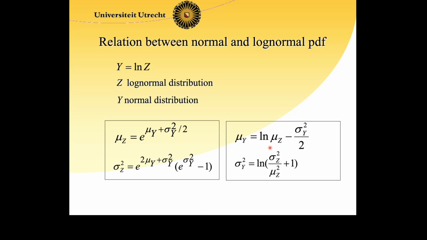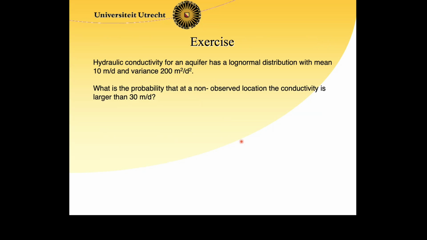So if you know the variance and the mean of the log normal, you can calculate first the variance of the normal distribution and also the associated mean later on. Now this is what we're going to do in the next exercise.